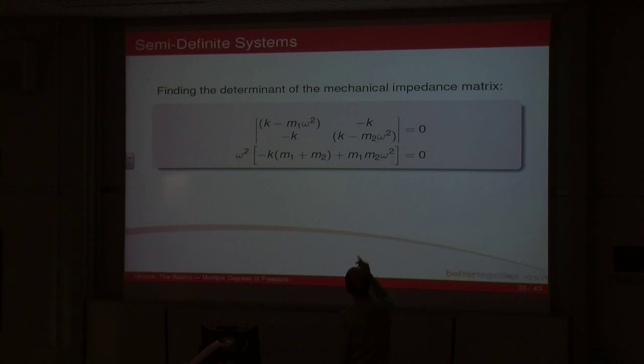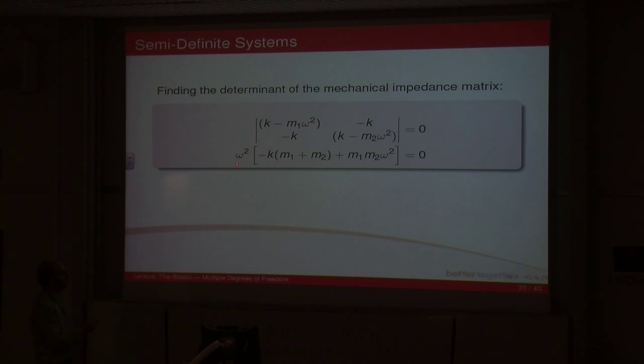And notice that when you find the determinant, you end up with this loose omega squared term out here. So the only way this equation can hold true is if either omega squared equals 0 or this lot equals 0, because obviously this whole thing equals 0.